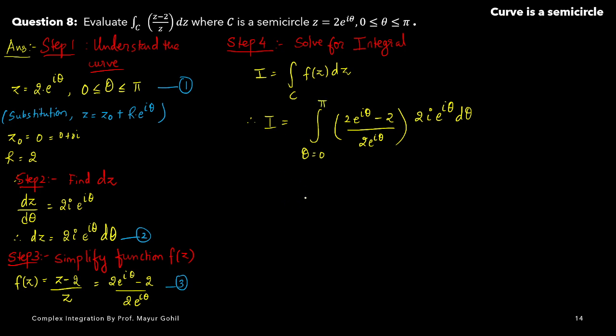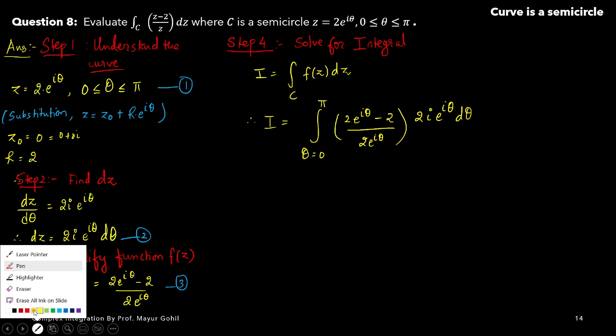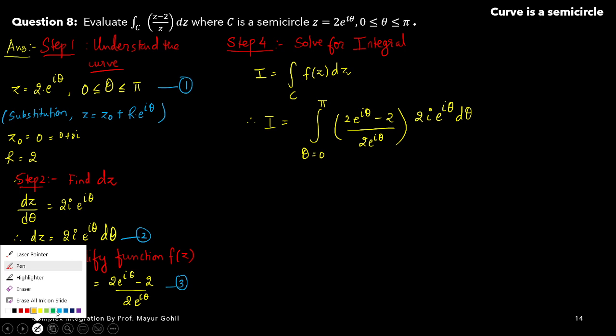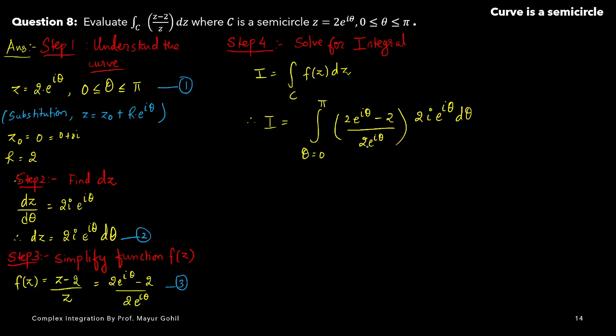So let us simplify this. Let us see what all gets cancelled. Now we can see here this 2 gets cancelled. e^(iθ) gets cancelled, right? So what is remaining is a constant i.